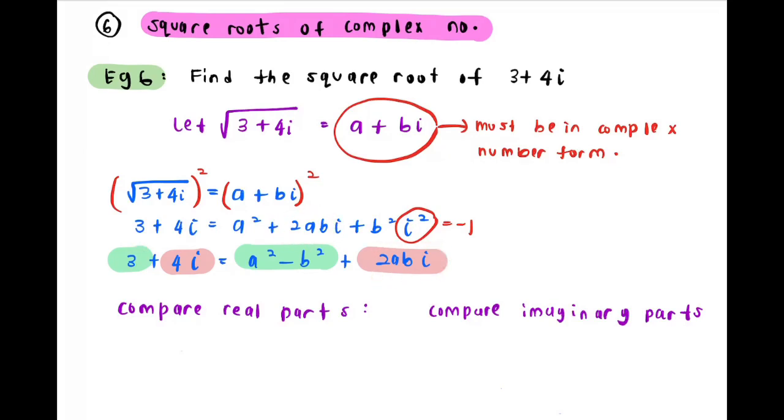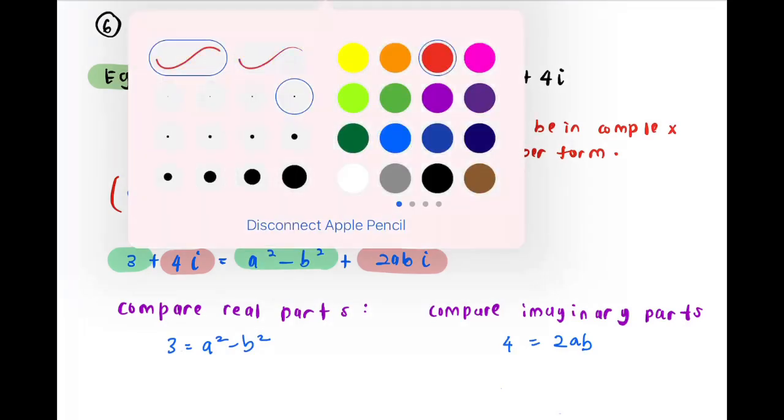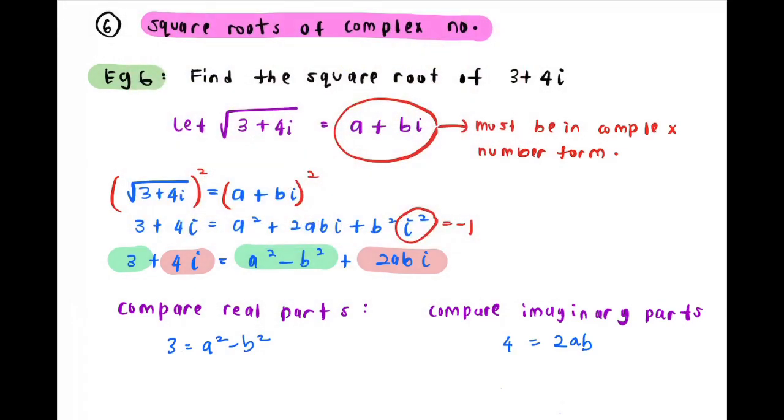So now the green one here is the real part, let us write it: 3 equals a squared minus b squared. And the pink part here is your imaginary part. Therefore, let's equate 4 equal to 2ab. Since you have two equations, let us do simultaneous equations. So this is equation 1.